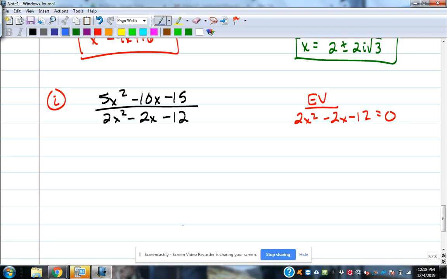And my first instinct should be to do what? GCF of that, which would be a 2, leaving x squared minus x minus 6. And then I'm doing the x method on that, negative 6, and I had to add to be negative 1, and be negative 3 and 2.